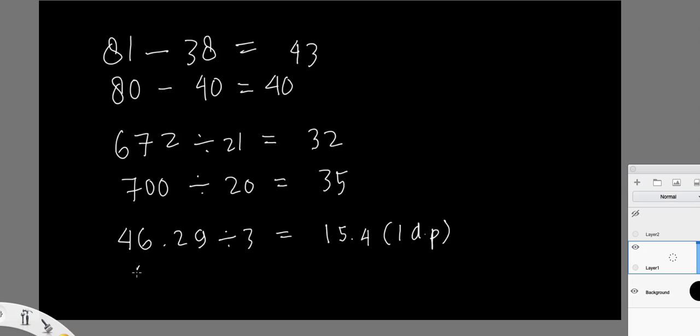So we round 46.29 to 46, because it is rounding down, divided by 3. 46 divided by 3 is about 15.33. It's quite similar.